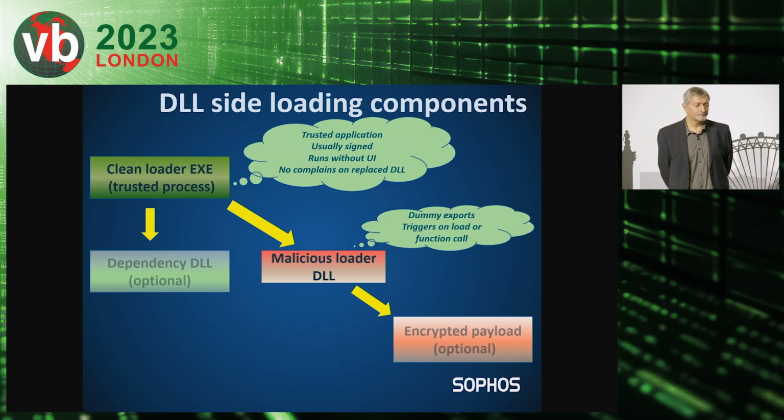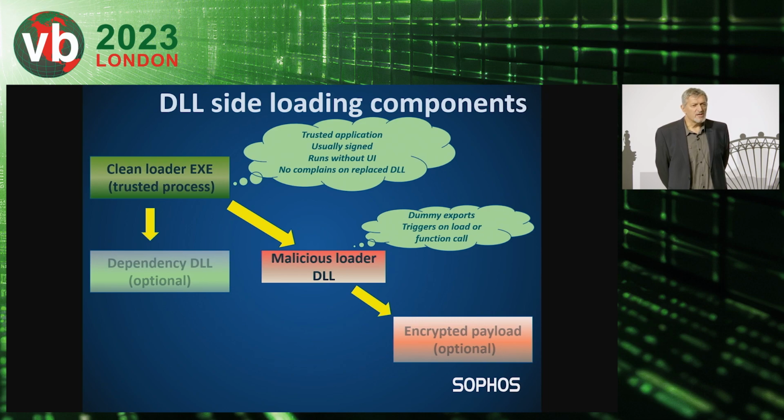This one usually has dummy exports because when the operating system loads the executable, it will check its import table, finds the imported DLLs, and finds the imported functions from those DLLs. If those are missing, the operating system would pop up some error message, which is not desired in a silent scenario.